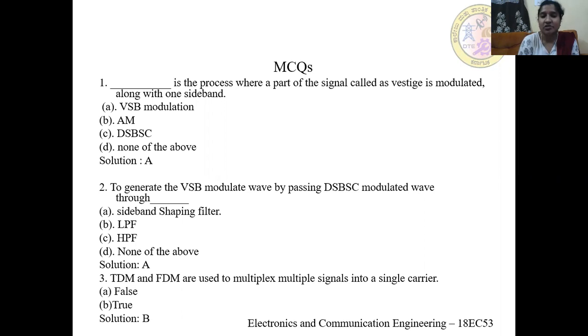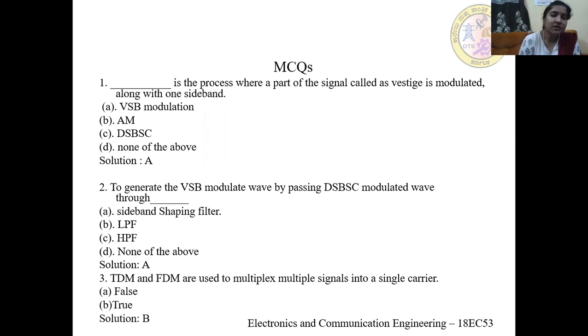The answer for this question is option A, that is VSB modulation. Second question. To generate the VSB modulated wave, we pass a DSBSC modulated wave through dash: sideband shaping filter, low pass filter, high pass filter, none of the above. The answer for this question is option A, that is sideband shaping filter.